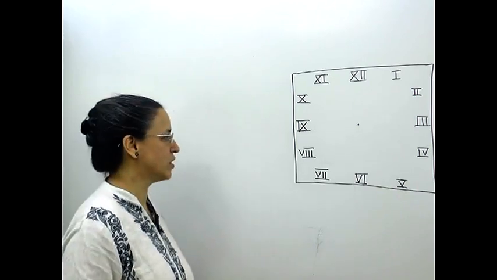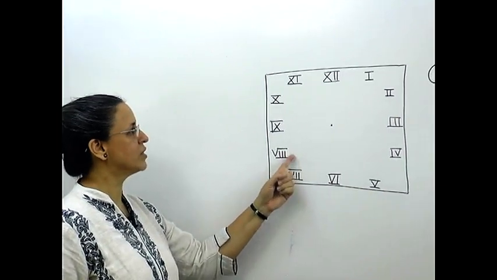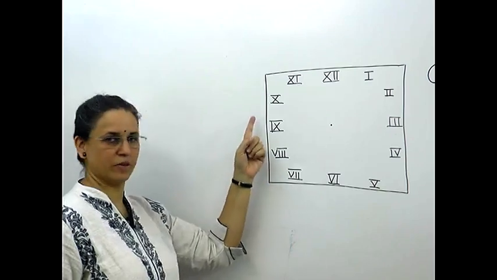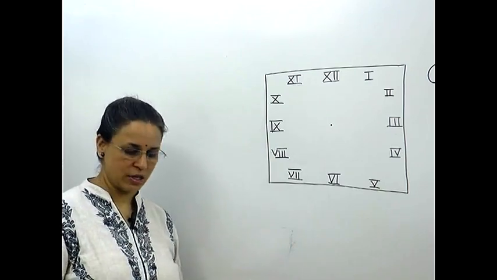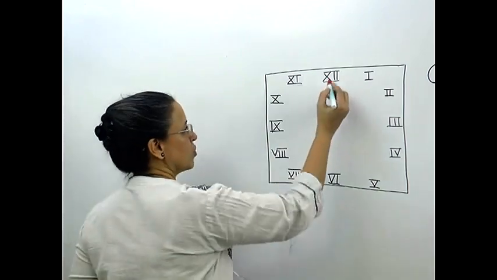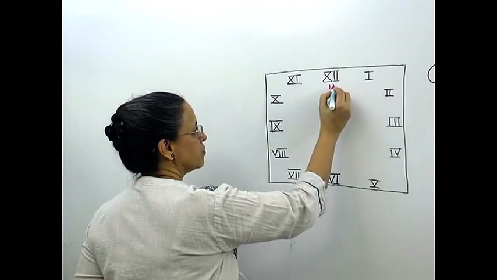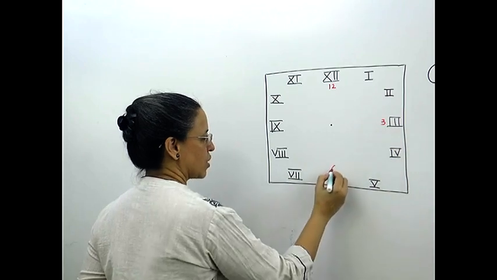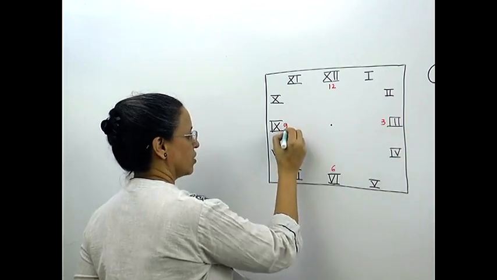Now you can look at the clock over here and you can see that the numbers are written in a slightly different manner. You may be used to it as this is what we call 12, this is 3 o'clock, 6 o'clock and 9 o'clock.